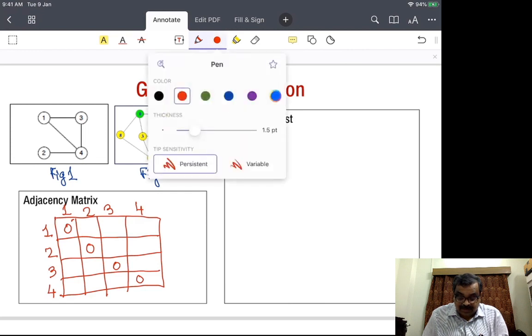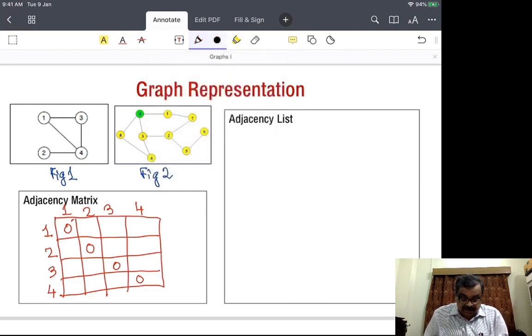If there is an edge, we mark with a 1. So between 1 and 2 there is no edge, and therefore there is no edge between 2 and 1. There is an edge between 1 and 3, and being an undirected graph, there is an edge between 3 and 1.